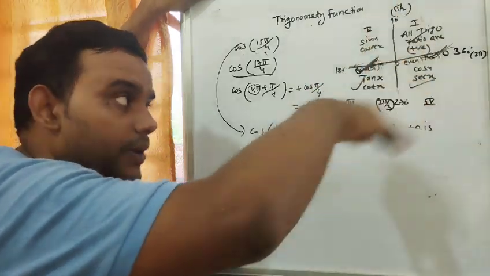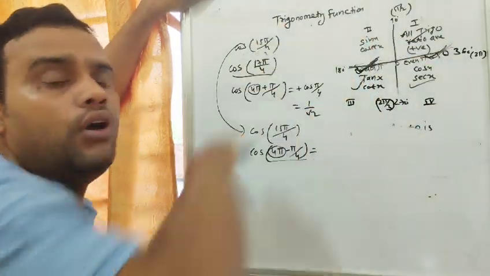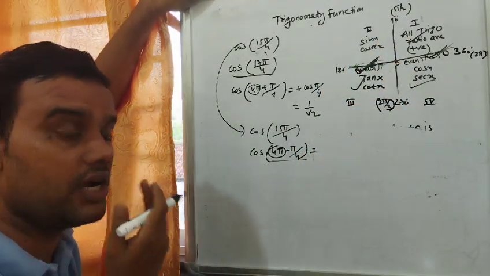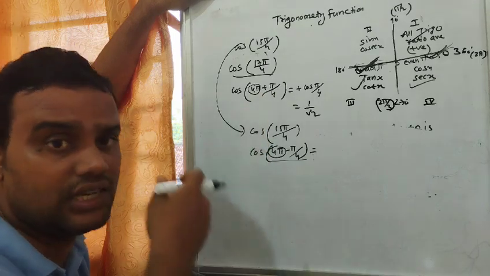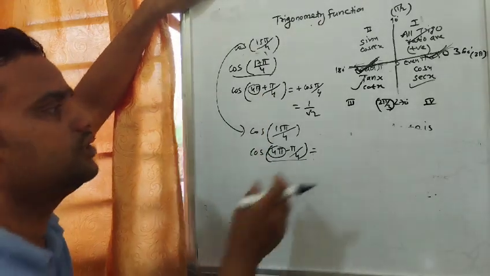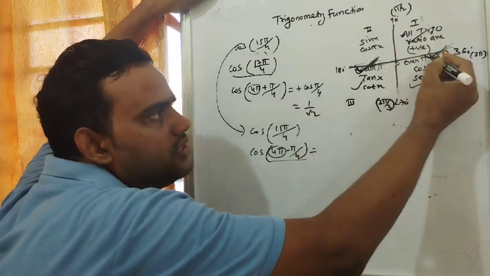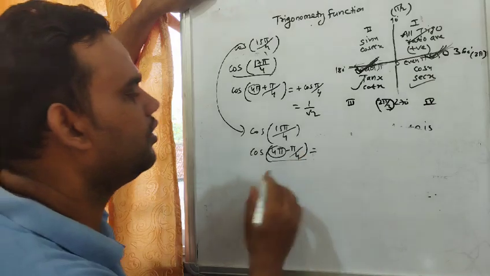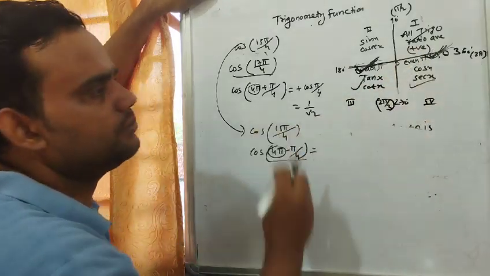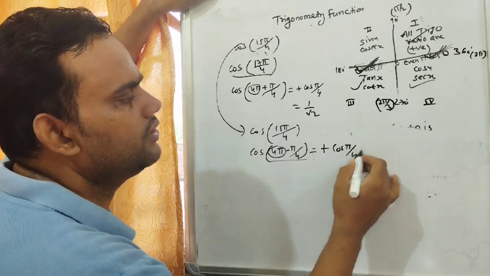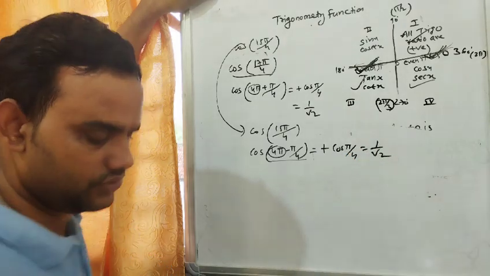Minus means we go in the backward direction, and plus means we go in the forward direction. So we come back from 4 pi, and minus pi by 4 is the fourth quadrant, where cos is plus. So cos pi by 4, which is 1 by root 2.